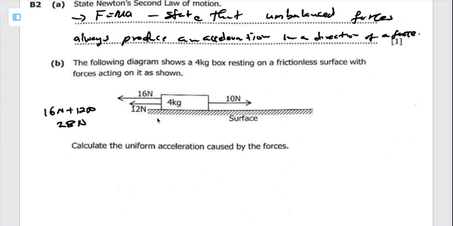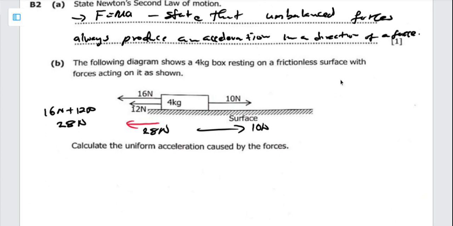When forces are acting in the opposite direction, you have to subtract. So 28 is the sum of these two forces which are acting on the left hand side, and we also have 10 newtons acting on this side. If the forces are acting on opposite sides, you have to subtract them.